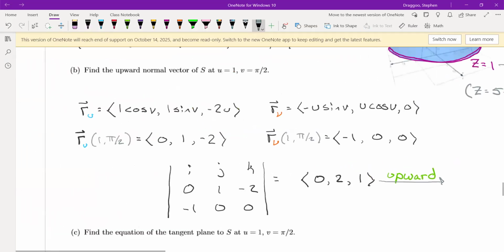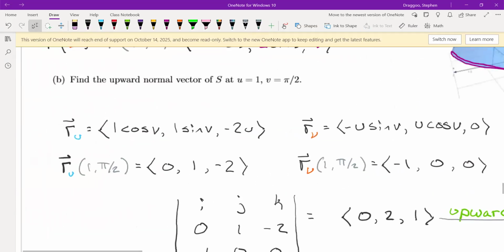So upward, what does that mean? Because it was in our definition. We didn't just need any normal vector, we needed the upward normal vector. Well, thinking about what that might mean for a vector, we define z to be our upward direction here, or z to be the axis that deals with up and down.